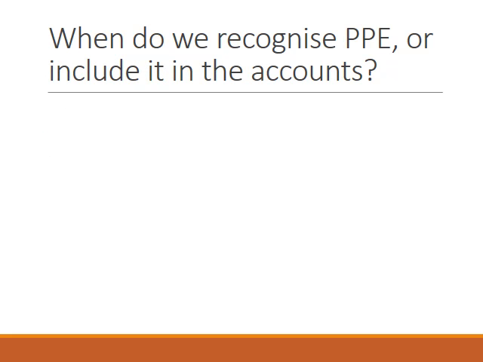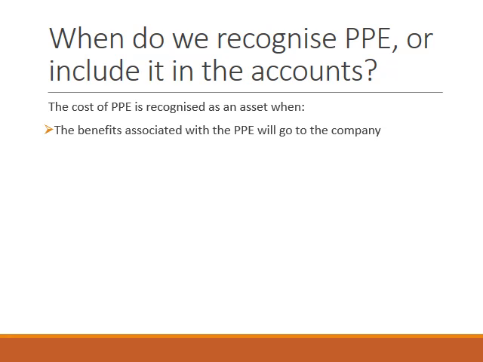So our next question is, when do we recognise property, plant and equipment in the accounts? And here a couple of tests need to be met before we can do that. First of all, any benefits associated with the property, plant and equipment are going to go to the company. So for example, if you own a machine, you can use that to the company's advantage in manufacturing the products.